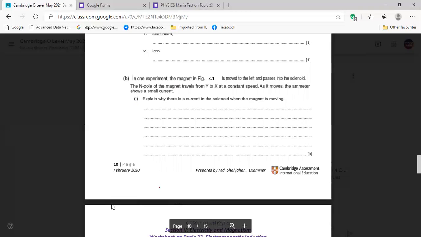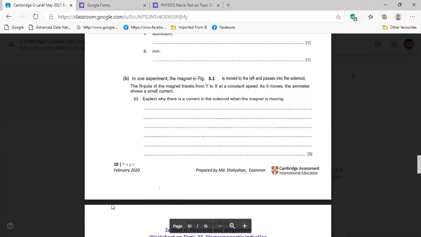There are 3 marks. So in addition, you write that point we normally give, which I already told you, right? As there is induced EMF, there is induced current in the solenoid. Okay?